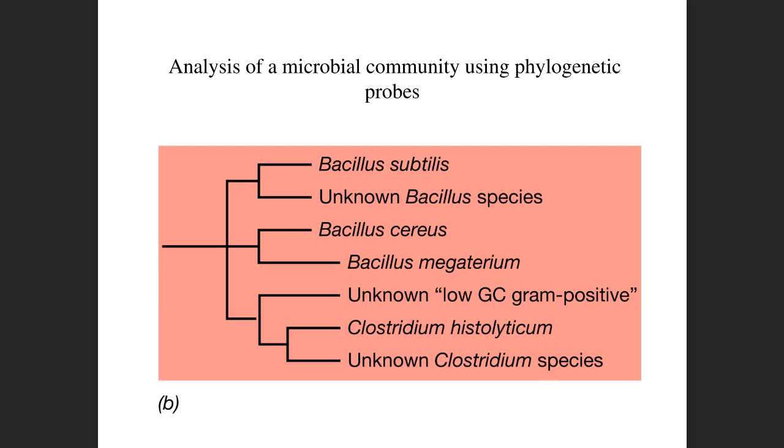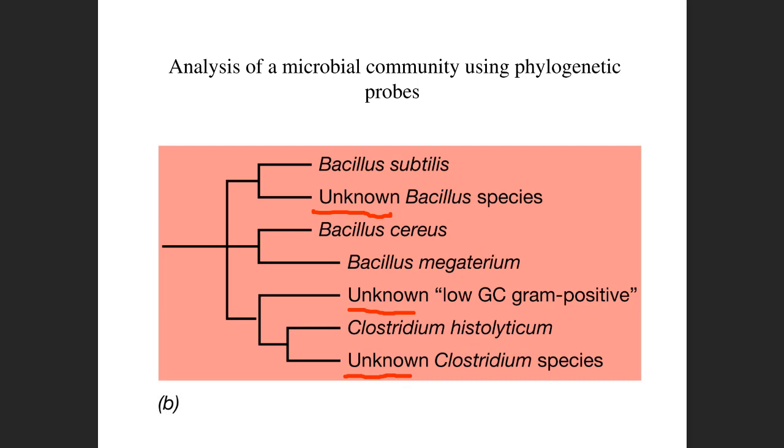So this unknown is most similar to Bacillus cellulus, right? You look at the percent similarity, and then this unknown is similar to Clostridium, but it's halfway. And if you look at this unknown, this unknown is most close to the Clostridium, right?